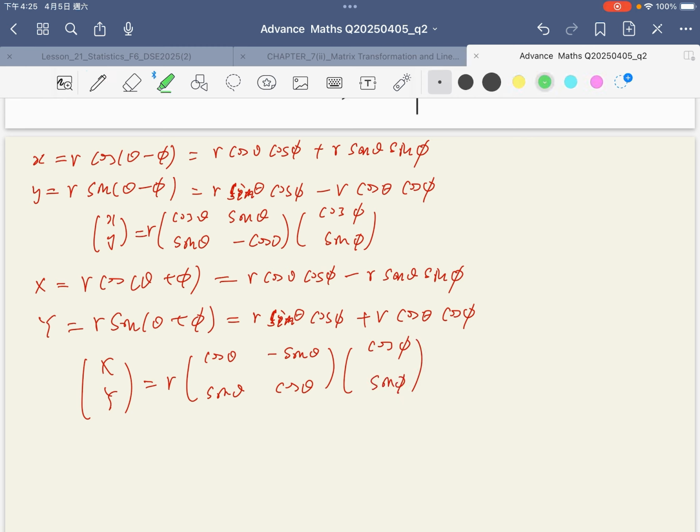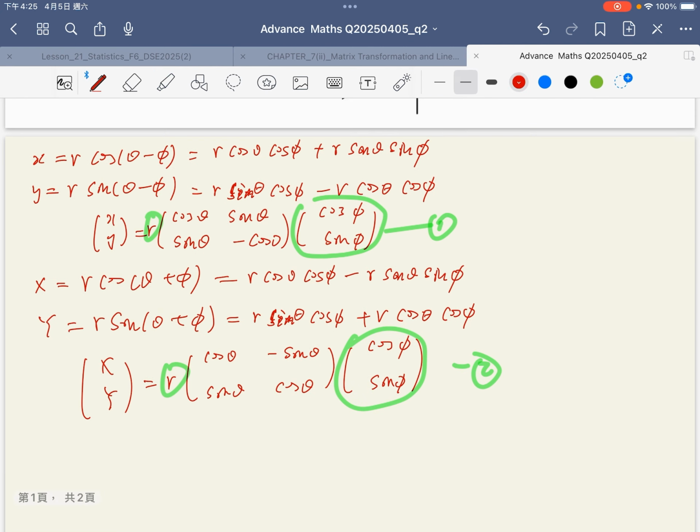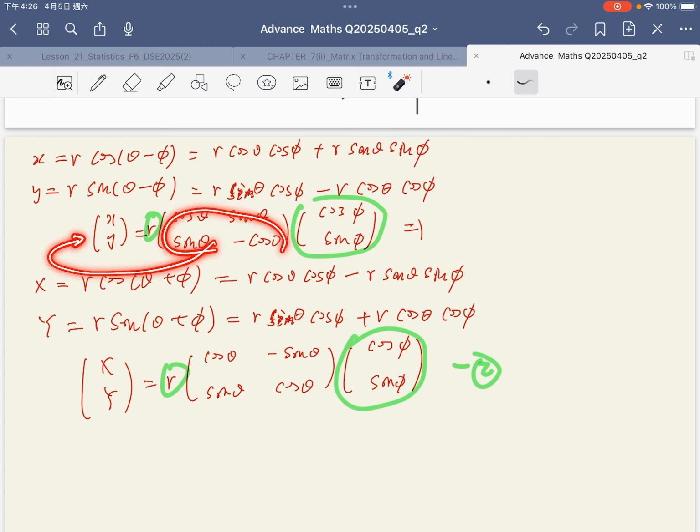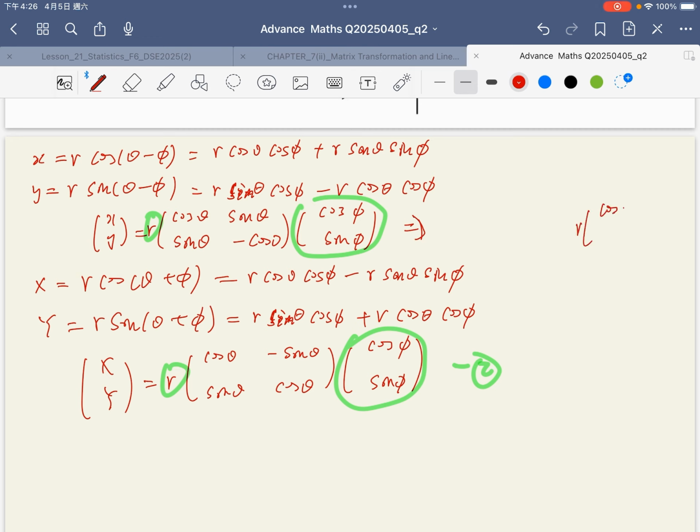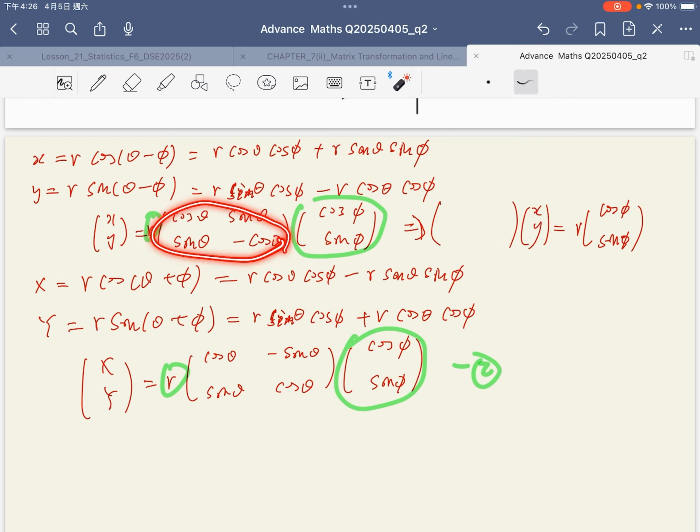Then the link between these two equations is this one. Therefore, I make this the subject. I erase this one and multiply on the right-hand and left-hand side by the inverse matrix. That is, [cosine phi, sine phi] equals the inverse of this matrix times small letter x, y.